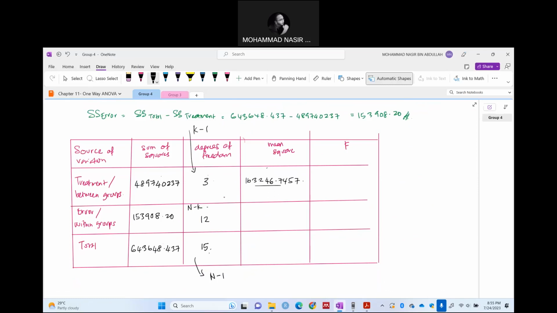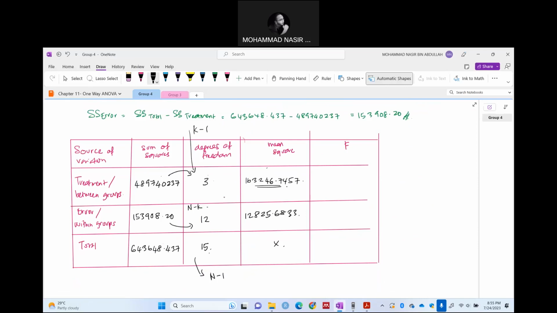You know how to get this value? This value divided by this value. And for mean square error, this value divided by this value should be equal to 12825.6833.